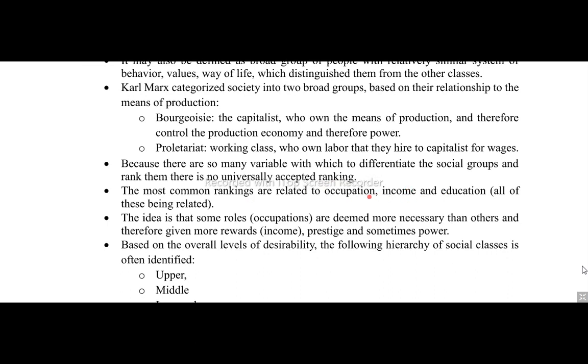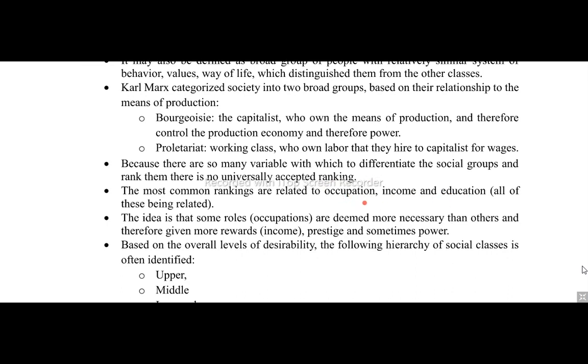Occupation is the type of job that you are employed in. Income is the amount that you earn from this job, and education is tied to the occupation.